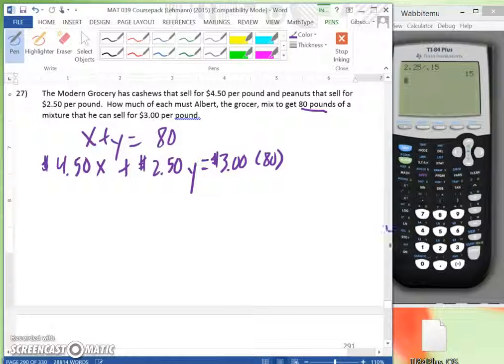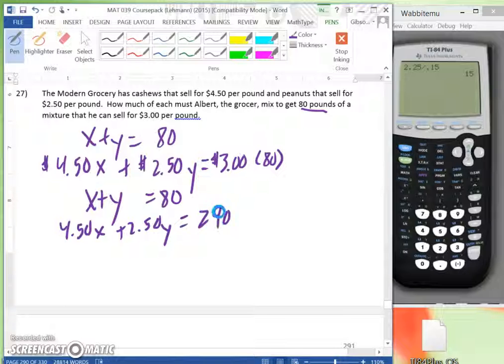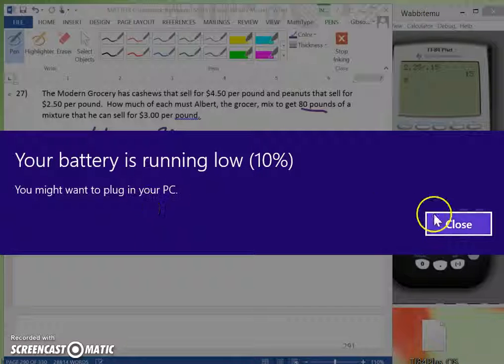So now, we know that $3 times 80 will give us $240, right? Well, let me write it down again. So we have x plus y equals 80. And we have 4.50x plus 2.50y is equal to 240. This will reflect that.